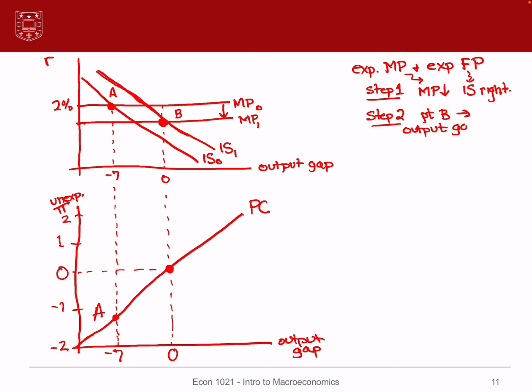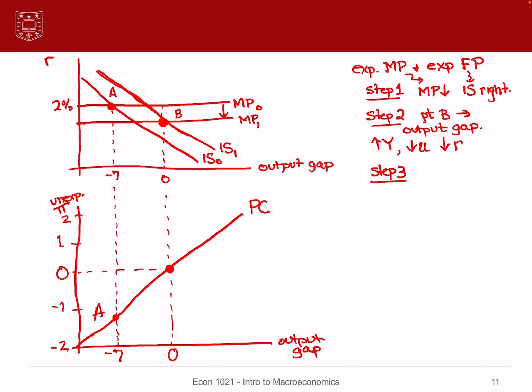And what do we observe happening? We can see that we have an increase in gross domestic product, the output gap moves from -7% to 0. We see a reduction in unemployment, and now we see as well a reduction in the real interest rate. And then step 3, let's look at the Phillips curve to assess inflation.